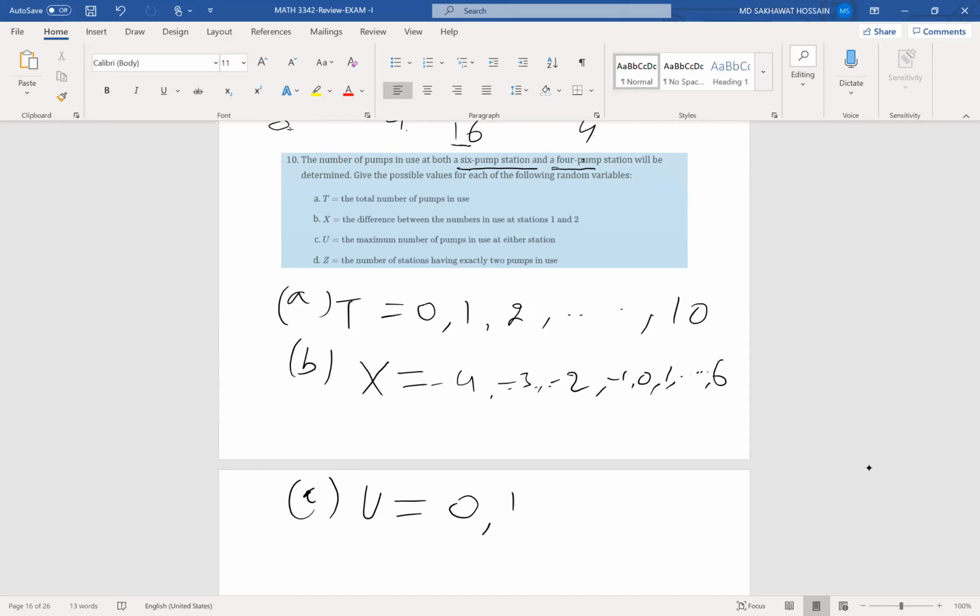For U, the minimum value could be 0, so it cannot be less than 0. And the maximum value could be 6 because station 1 has 6 pumps. If all of them are in use, then the maximum number will be 6. So it can be 0, 1, 2, up to 6. Is it clear, or do you have any questions?